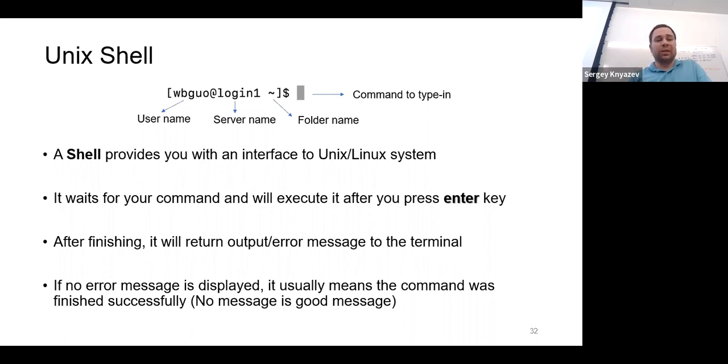Then after the at sign, there is a server name, and then the folder name where you're currently located. After that, there is a cursor that invites you to type your commands. So what does the folder name mean? In Linux, there is a concept of a current folder, the folder that you currently operate under. We will discuss it a little bit later.